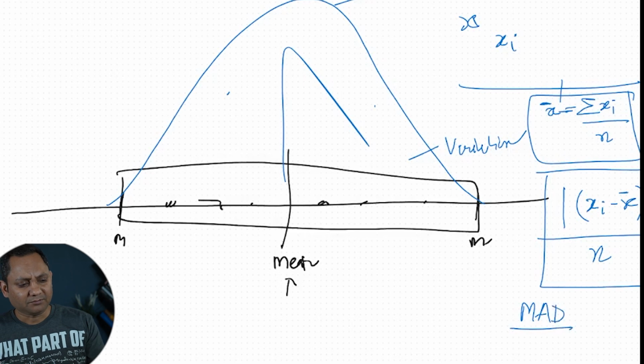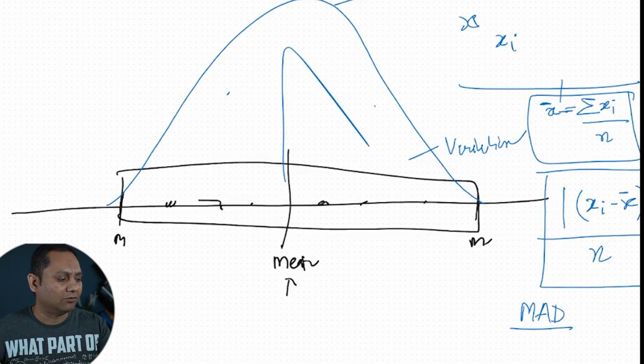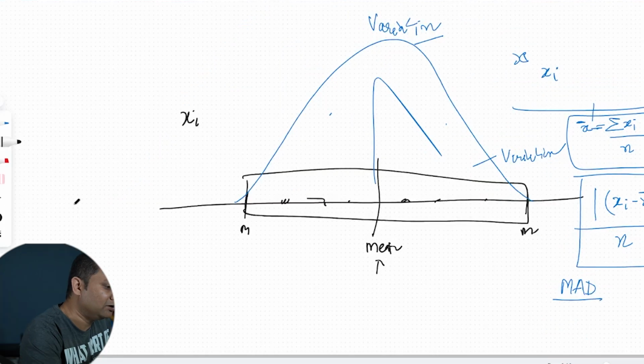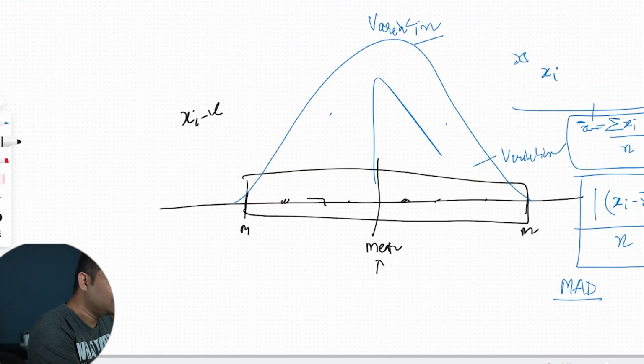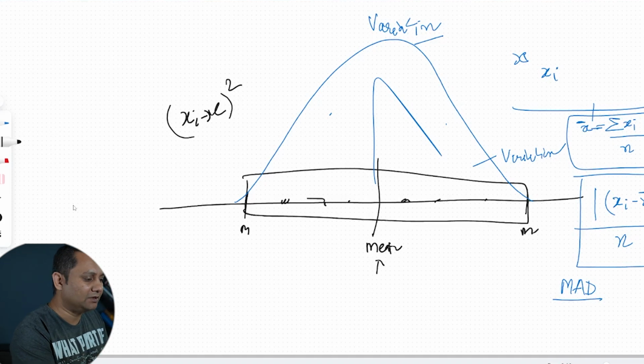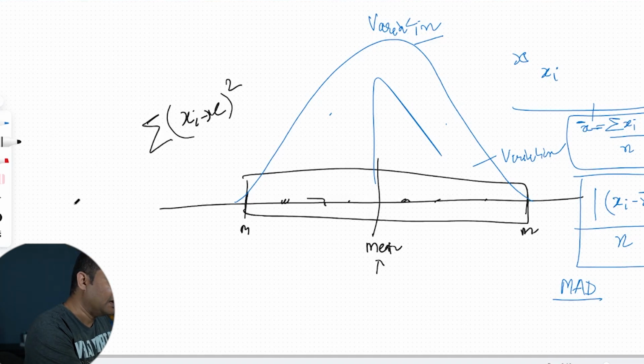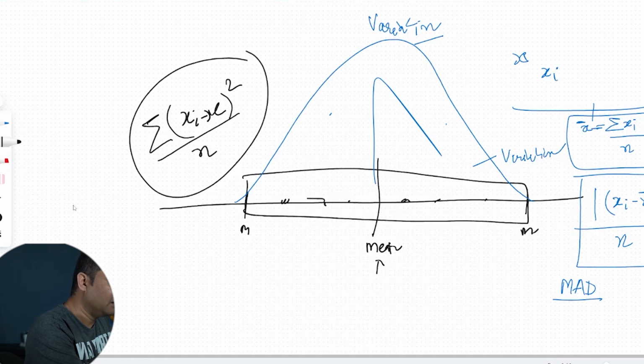Now this is one way to think of it. The other method of calculating variation is, I know my xi's. If I take the difference of xi from x, and I square this to take care of the positive and negative differences, and I sum them all and then divide by n, then this is called my variance.